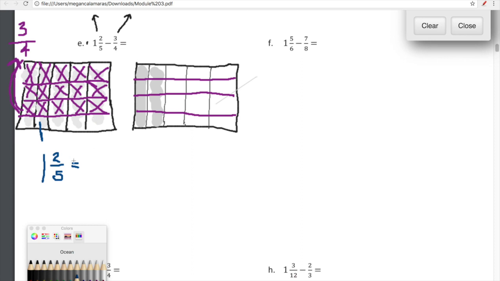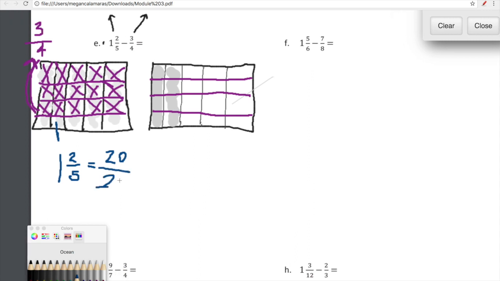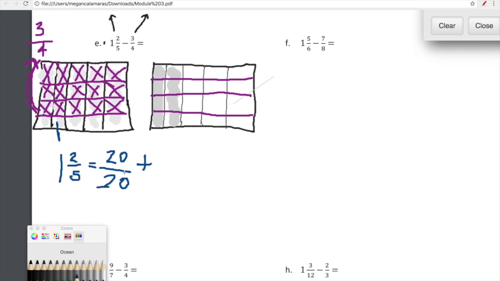That's 5 times 4 is 20. 20ths. 20/20 plus, how many 20ths do we have here? Well, again, this rectangle is 5 wide and 4 high, so this rectangle is partitioned into 5 squares. We have 1, 2, 3, 4, 5, 6, 7, 8 of those squares shaded in gray. So 1 2/5 is equal to 20/20 plus 8/20.